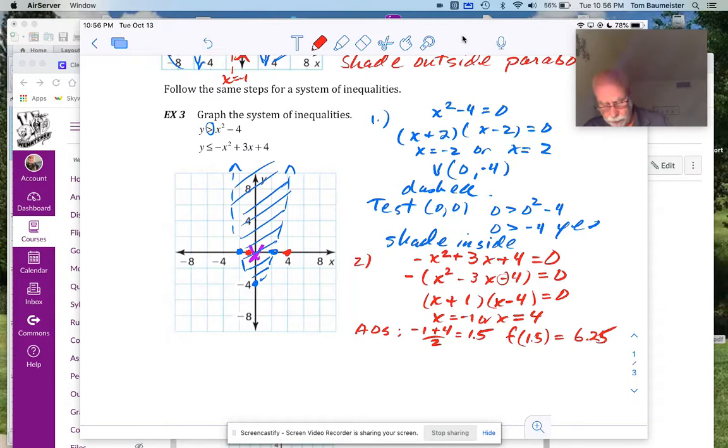All right, so our axis of symmetry for that one would be 1.5. So that would be right here. And then we're going to be at 6.25. So our vertex is going to be there.